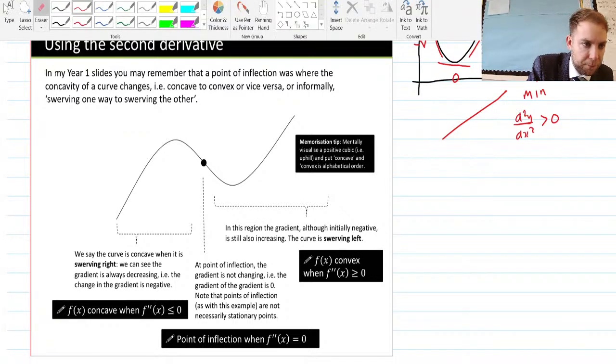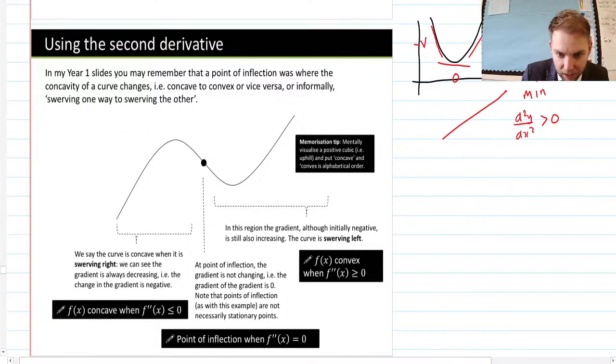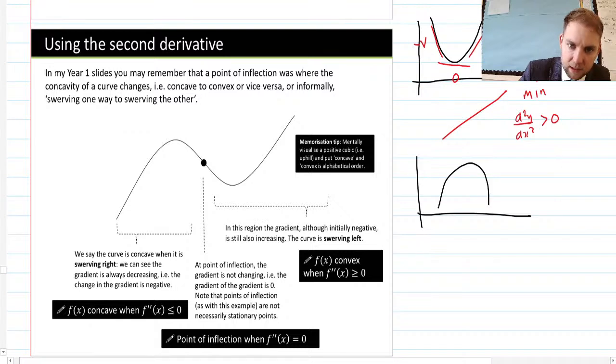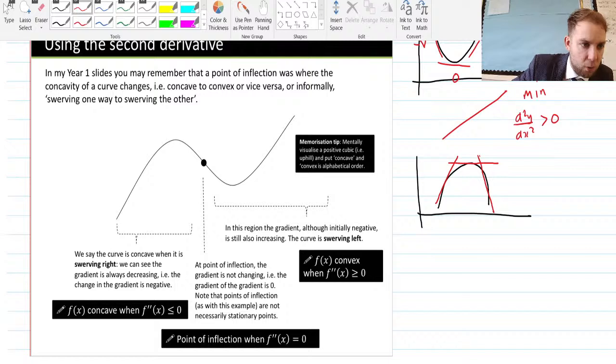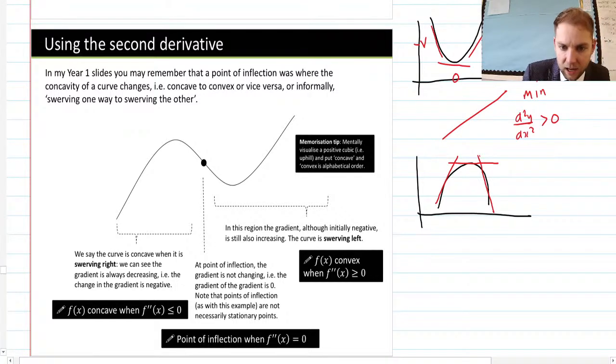And it works the same for the opposite. If I've got a maximum like this, why do I need a negative d2y by dx squared? Well, if I think about the gradients of all of these, I'm going from a positive value to a 0 to a negative value.